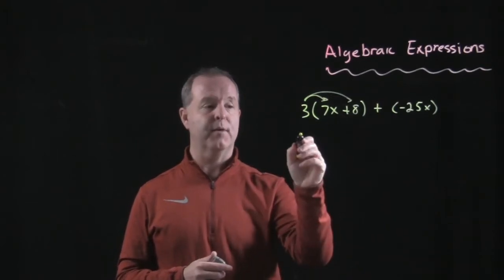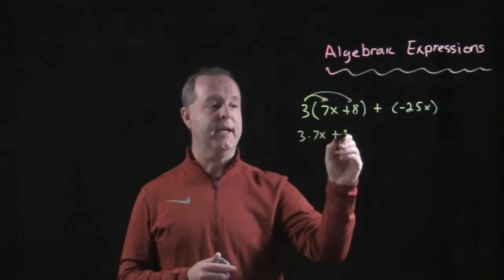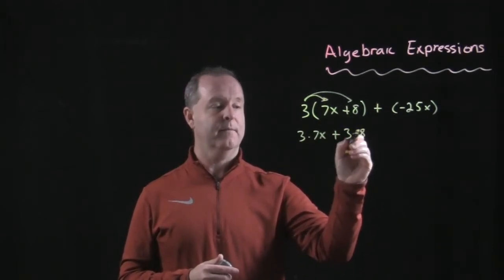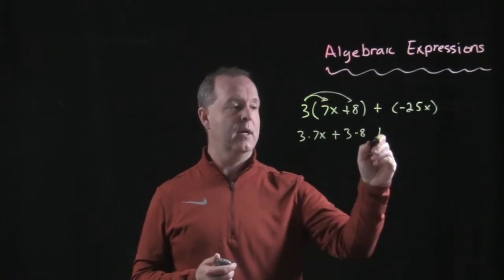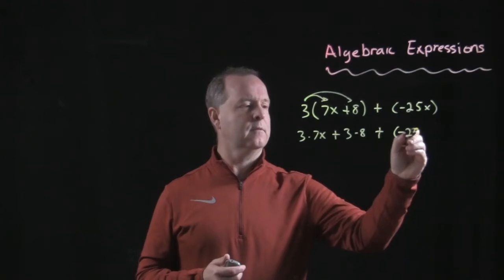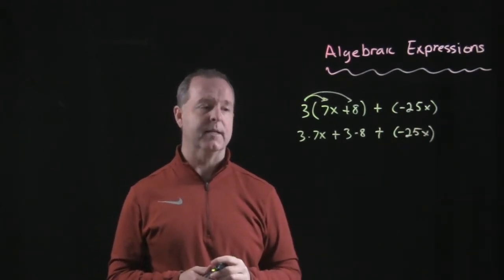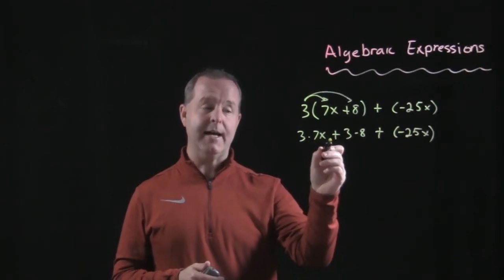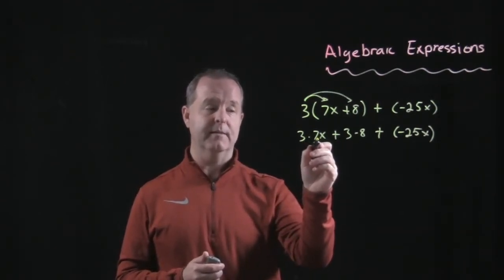So this becomes a 3 times a 7x plus a 3 times an 8. And it's a good habit to continue writing out the rest of the expression, regardless if I've done any work to it or not. I don't want to lose it at some point in time, and I'm apt to lose it. 3 times 7x, the commutative property now says I can multiply the 3 and the 7.